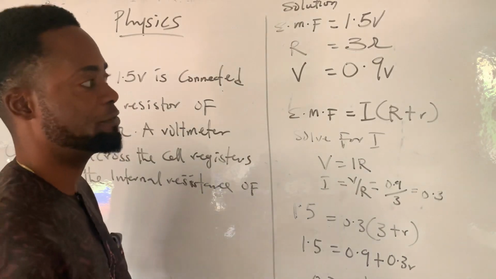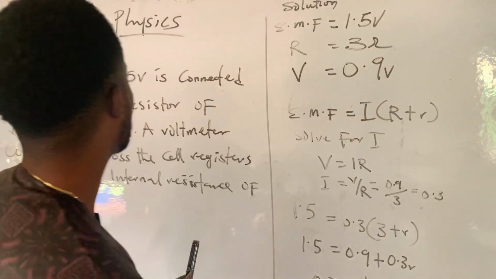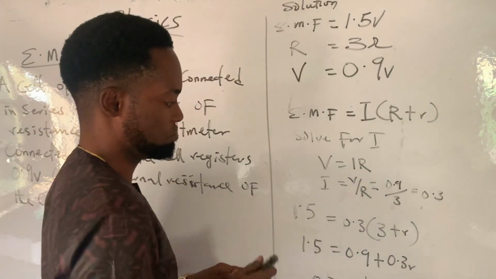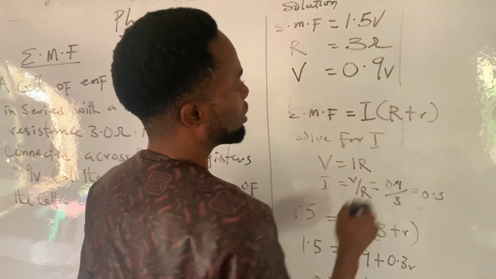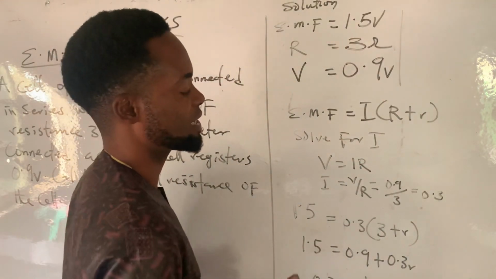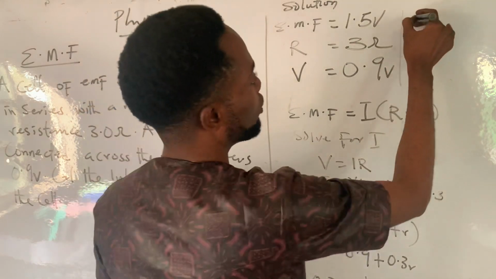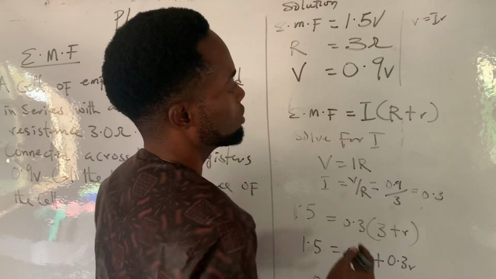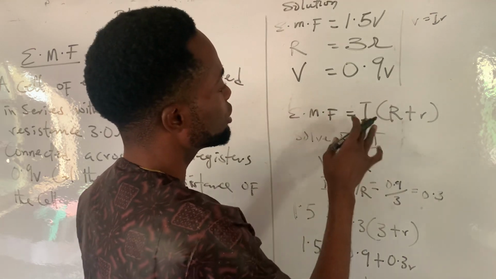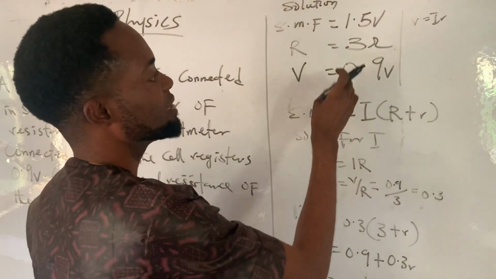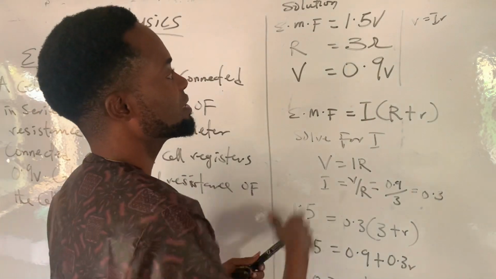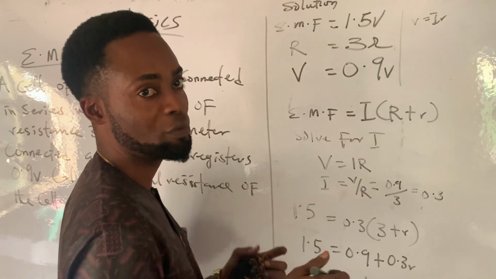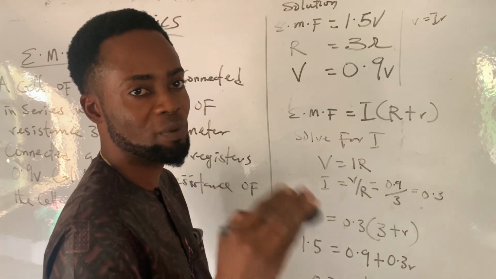Now I told you there are different methods you can use. Of course, you can also adopt another method which is a bit simple. You can just look for the lost voltage, which is carrying the small r. So our lost voltage is I small r, right? Now, we know the lost voltage from here. The lost voltage is the EMF minus the useful voltage, from our previous formula, which is EMF equals useful voltage plus lost voltage.